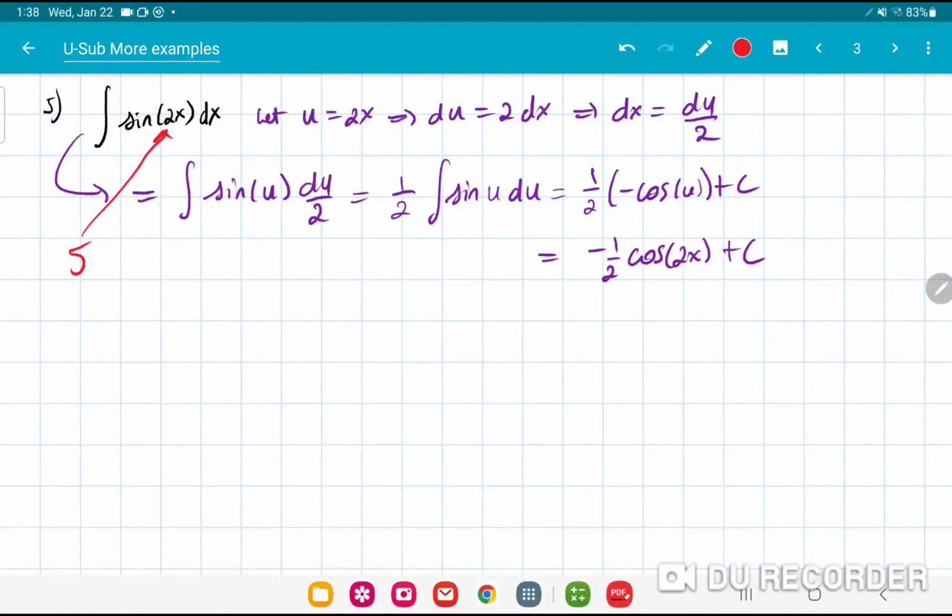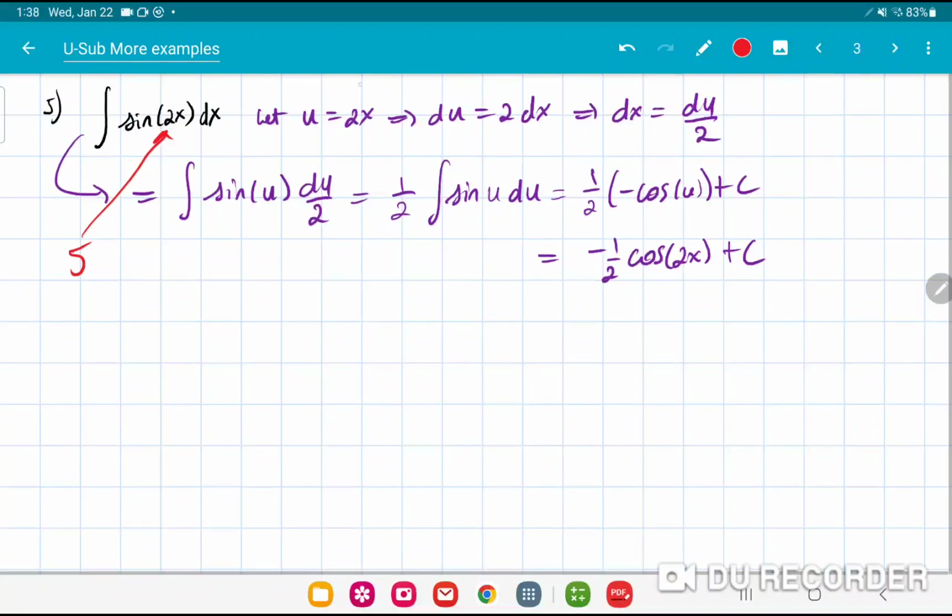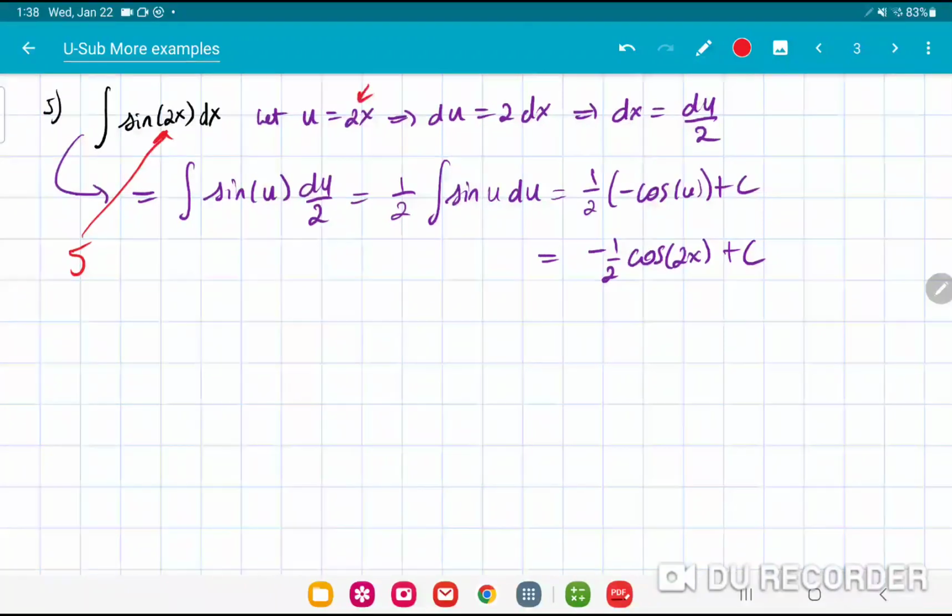What would happen if I have sine of 5x? Well, I would let u be 5x, and then I'll have a 5 and a 5 and a 5. Instead of a cosine of 1 over 2, I would have 1 over 5.